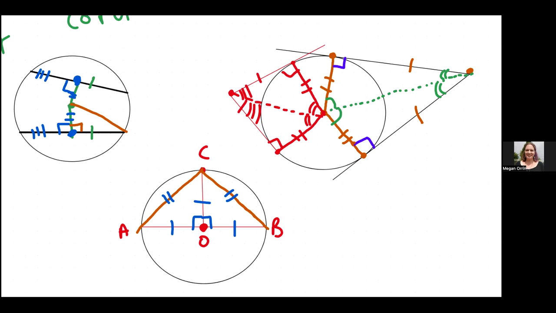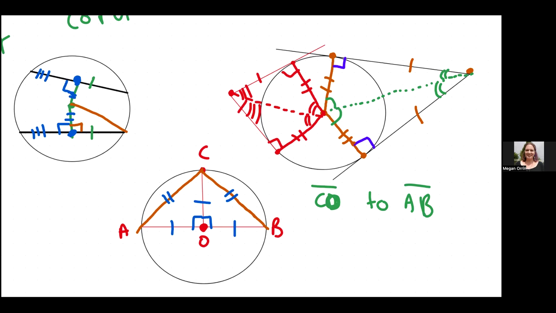All right. So let's have a look at this. What is the name of CO to AB? What is the name I gave that line before? Okay, it's a perpendicular bisector.